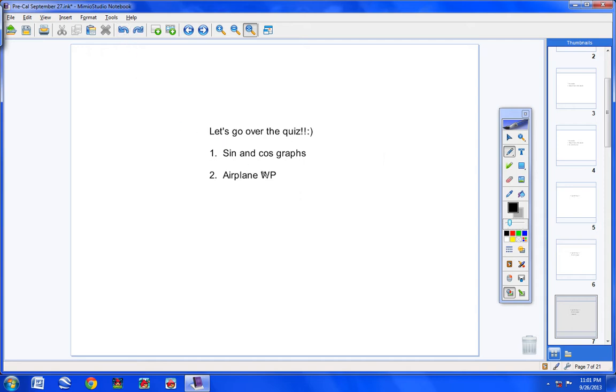And then, of course, solving the airplane word problems. And then the arc, the central angle problems, where theta, the measure of the central angle, equals S, which is your arc length, over R, which is your radius. So any of those problems there that we did from yesterday are fair game.